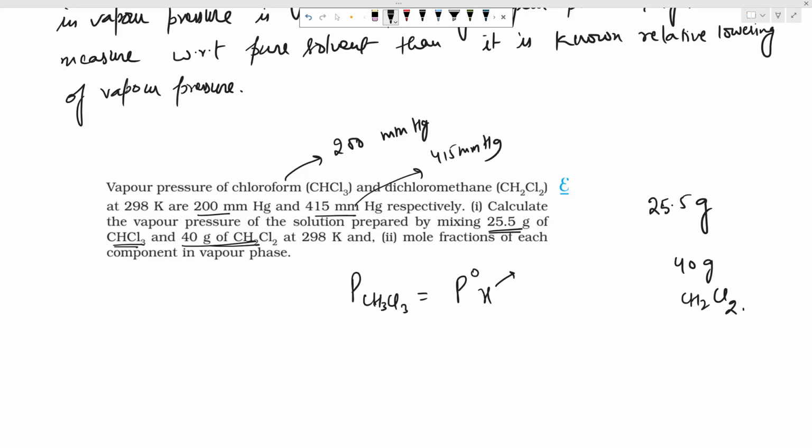So how will you calculate the mole fraction? You know that XA, first you calculate the number of moles. The number of moles nA will be 25.5 upon.